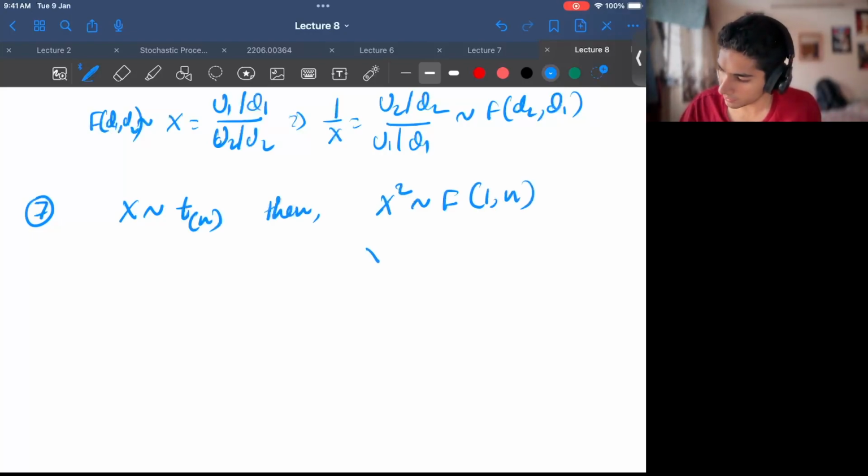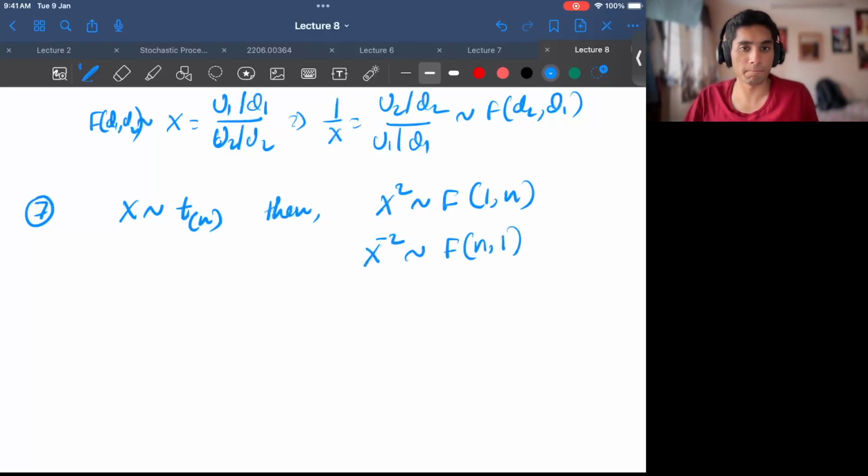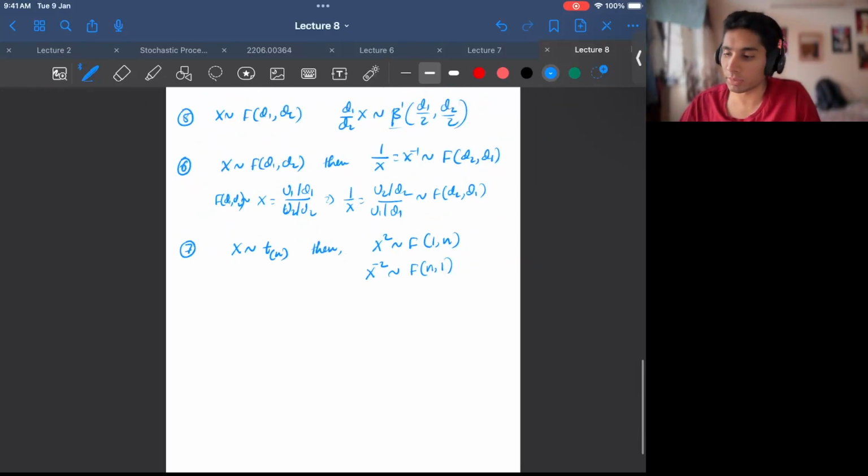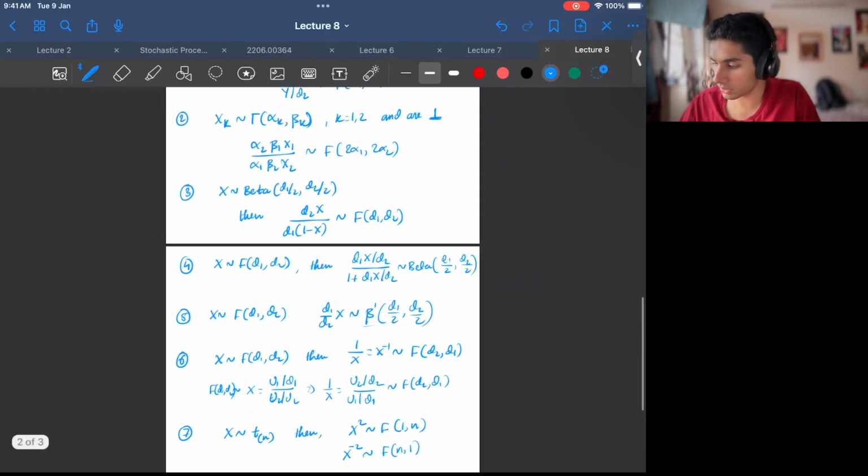And similarly, if you take the inverse, x raised to minus 2, the parameters get reversed, so it is F of n comma 1. These are some of the properties of the F distribution which are very helpful in solving problems and could be very handy. That's all.